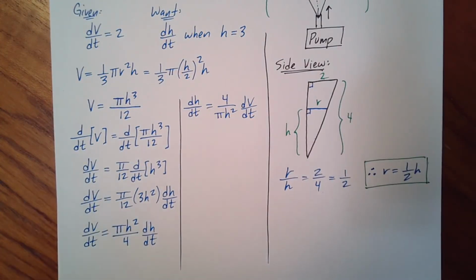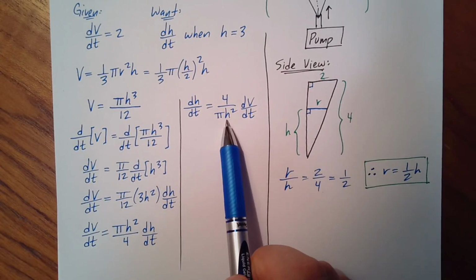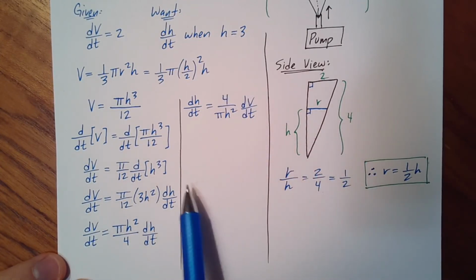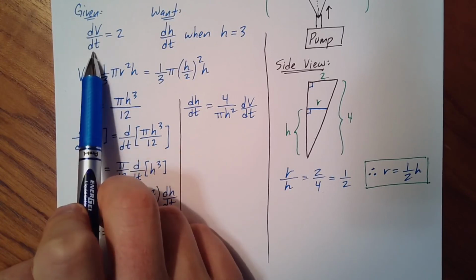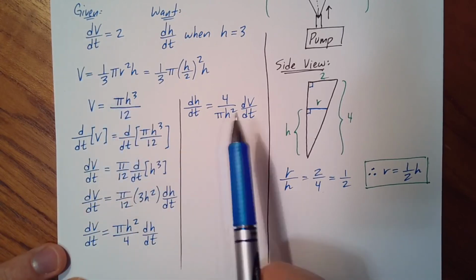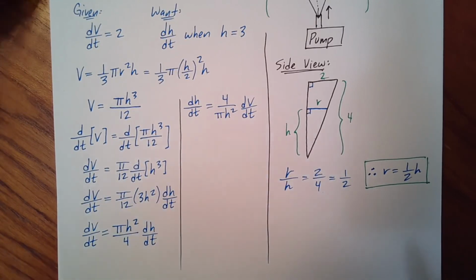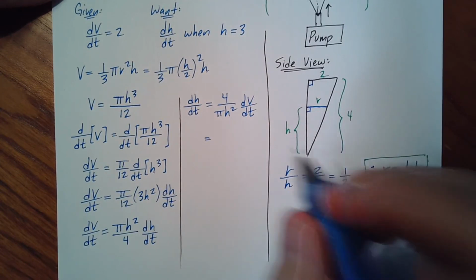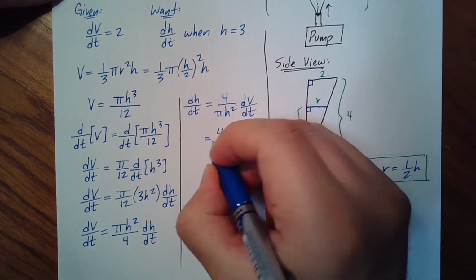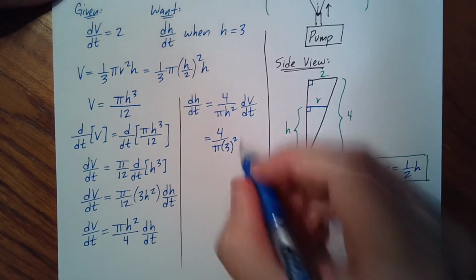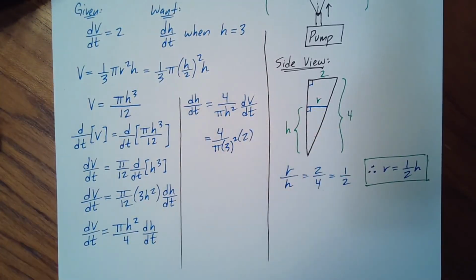So now we have everything we need, right? Because we know what h is at the moment in time that we care about. h is equal to 3, and we were given that the rate that the volume is changing is 2 meters cubed per minute. So dV/dt is going to be equal to 2, and that's everything, right? The 4 and the pi, those are constants. So now we're ready to plug everything in. So we get 4 over pi times 3 squared multiplied by 2.